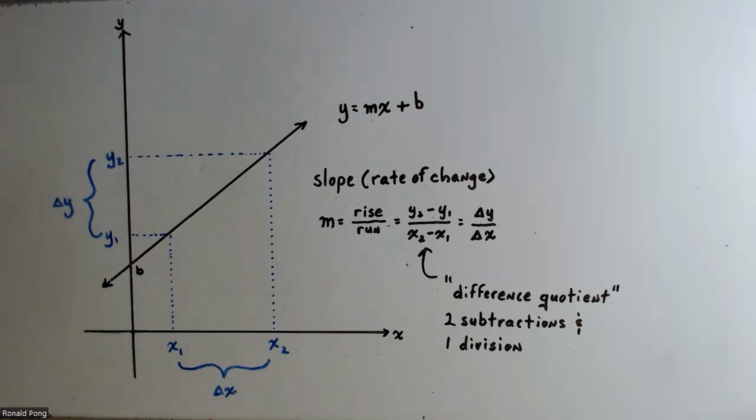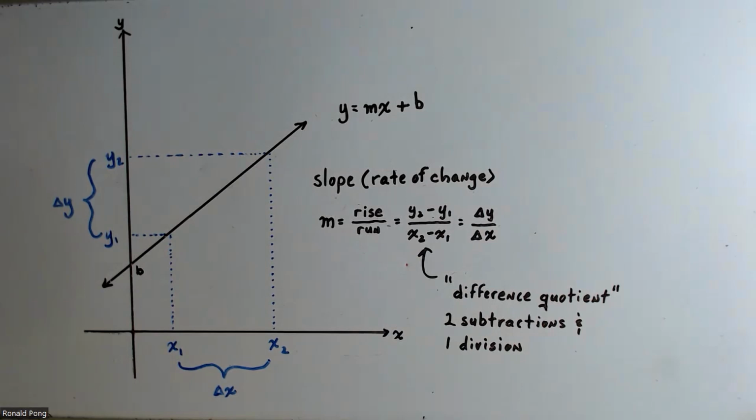As you recall from your Algebra 1 courses, you were taught the equation y equals mx plus b, the equation of a line. The important part here for us is that m value, the slope, equal to the rise over the run, y2 minus y1 over x2 minus x1, which was sometimes written as delta y over delta x.